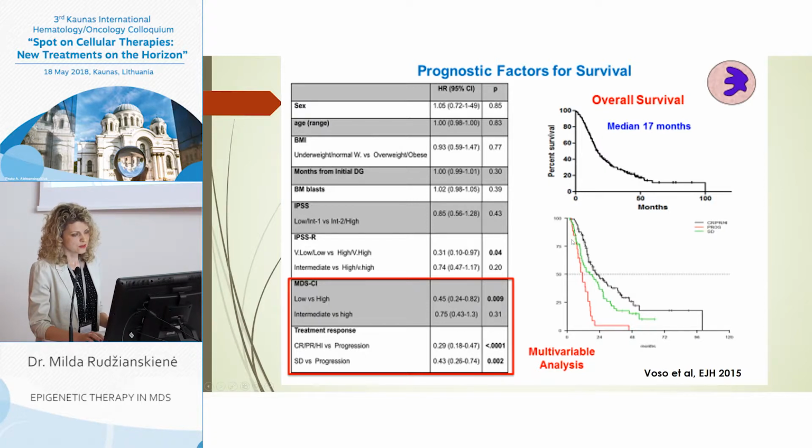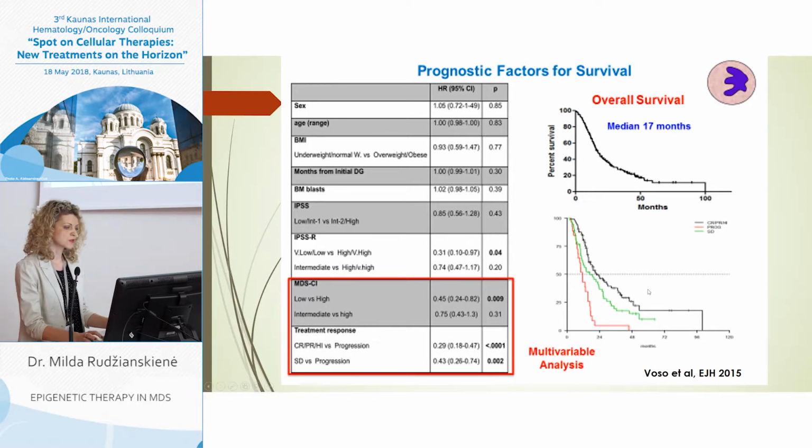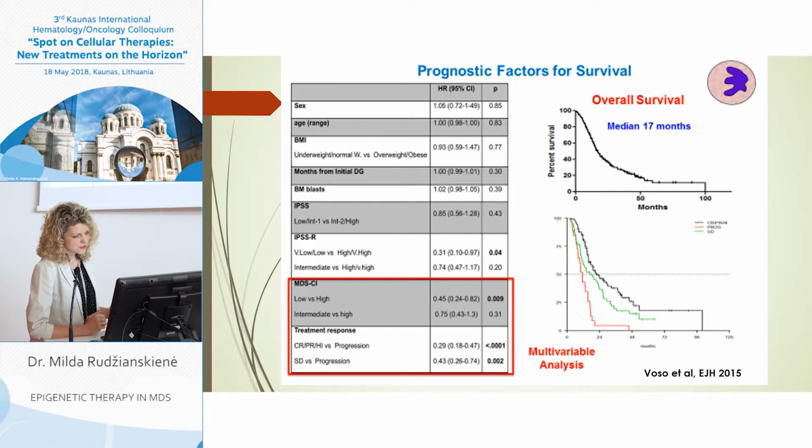But very important is that the patients with stable disease also do better in overall survival, and these are very encouraging results, because we know not to stop the treatment if we have stable disease during the treatment, because maybe these patients did not meet the response criteria, but they probably reduce their transfusion requirements, and the disease remains stable and does not progress.